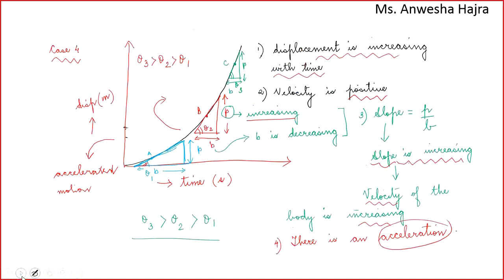Case 4, this type of graph, displacement is increasing with time, so velocity is positive. As you can see from the graph, the angle is increasing. Theta 3 is greater than theta 2 and theta 2 is greater than theta 1. The angle is increasing, and so you can say the slope is increasing. And what does the slope give us?